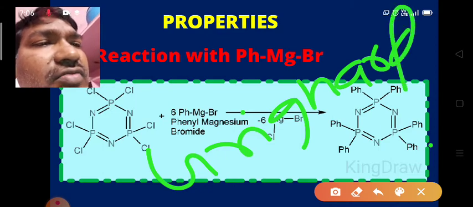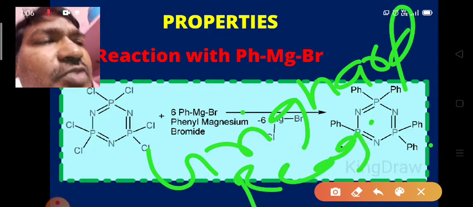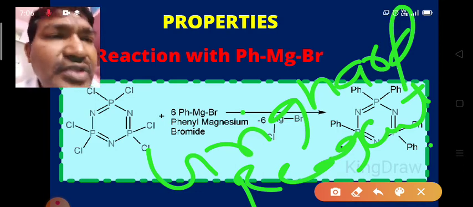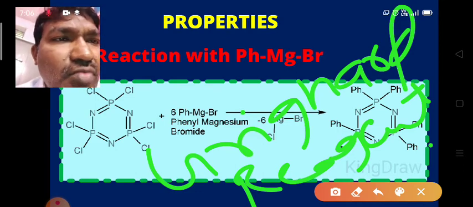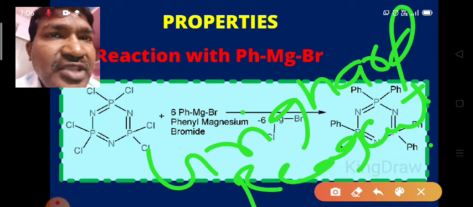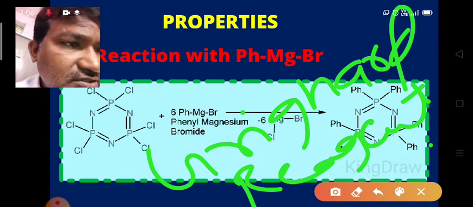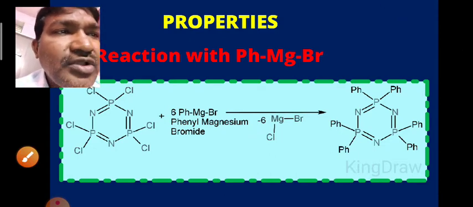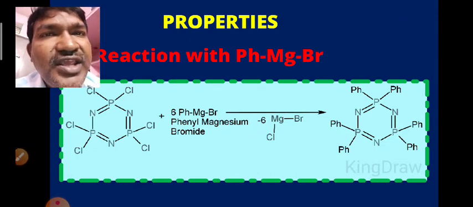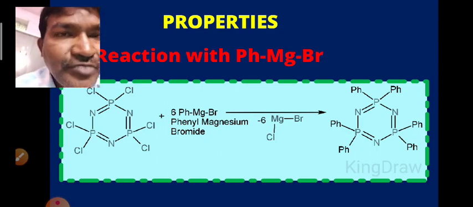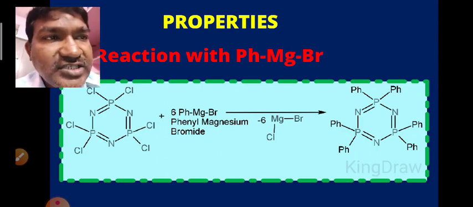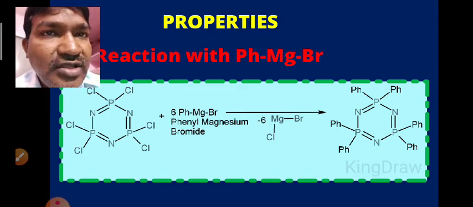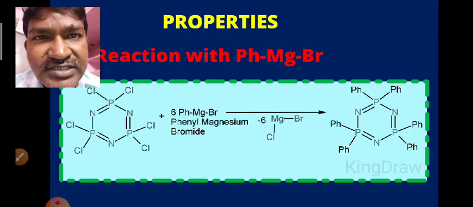As an example of a Grignard reagent, we are taking phenyl magnesium bromide. When this is treated with phenyl magnesium bromide, chlorine is substituted with phenyl groups, that means benzene rings. So we can substitute benzene rings in the phosphazenes in the place of the chlorines by using phenyl magnesium bromide.